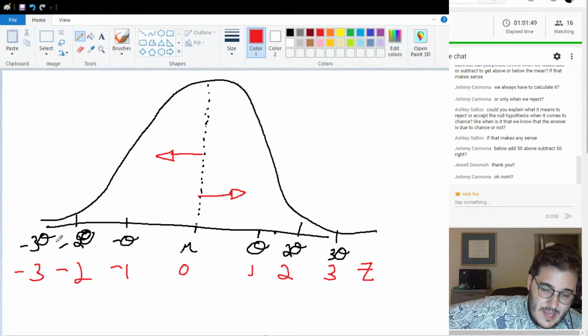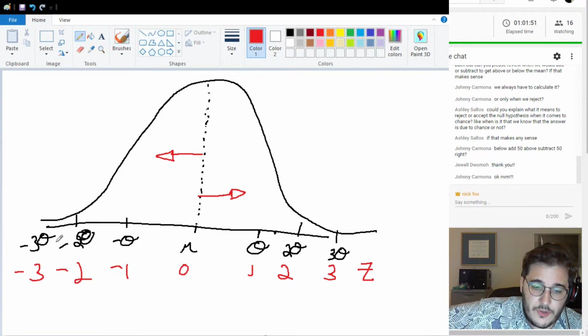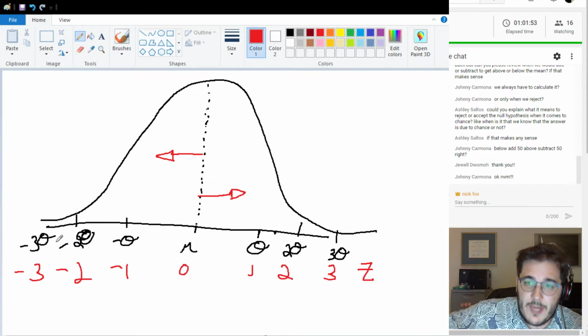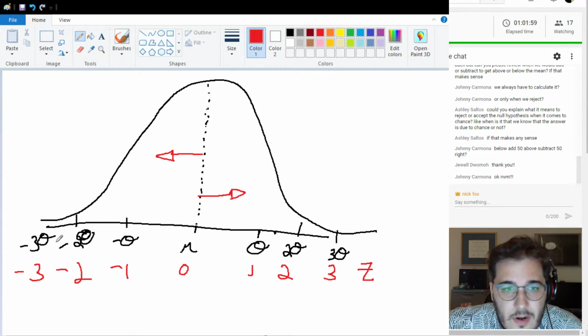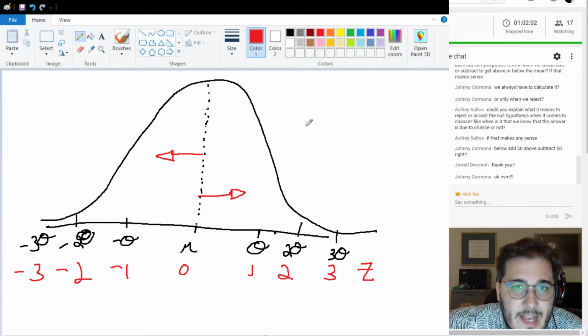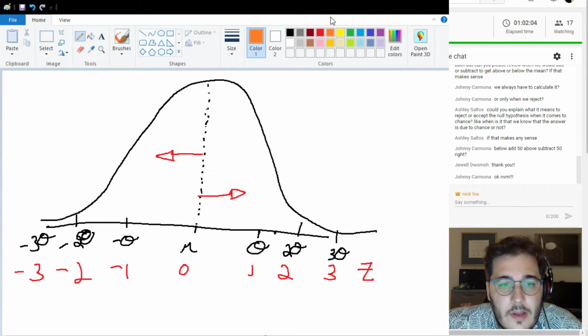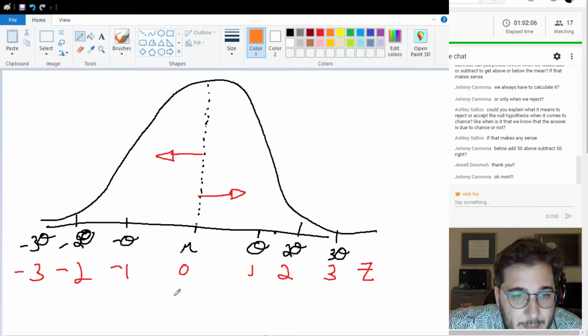So let's say you want to know how many people get greater than the average SAT score. SATs, for example, are standardized, right? And what that means is that the mean is always 500, per test.